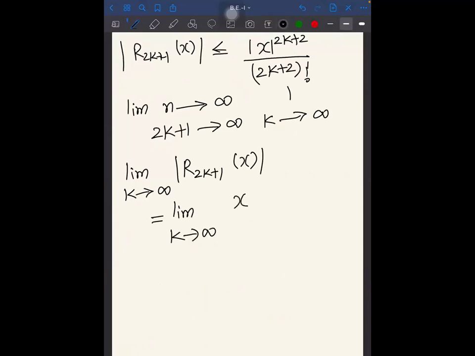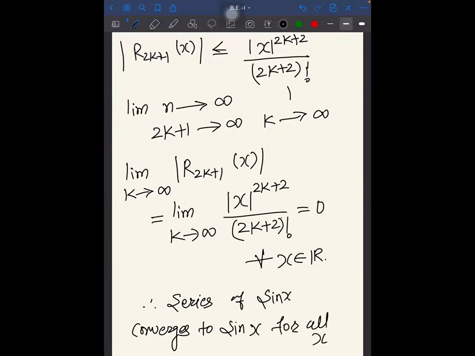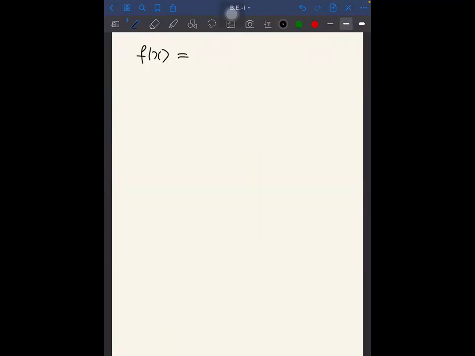So that means, and this is true for what? Every value of x. Right? For all x. So therefore, series of sin x converges to sin x for all x.